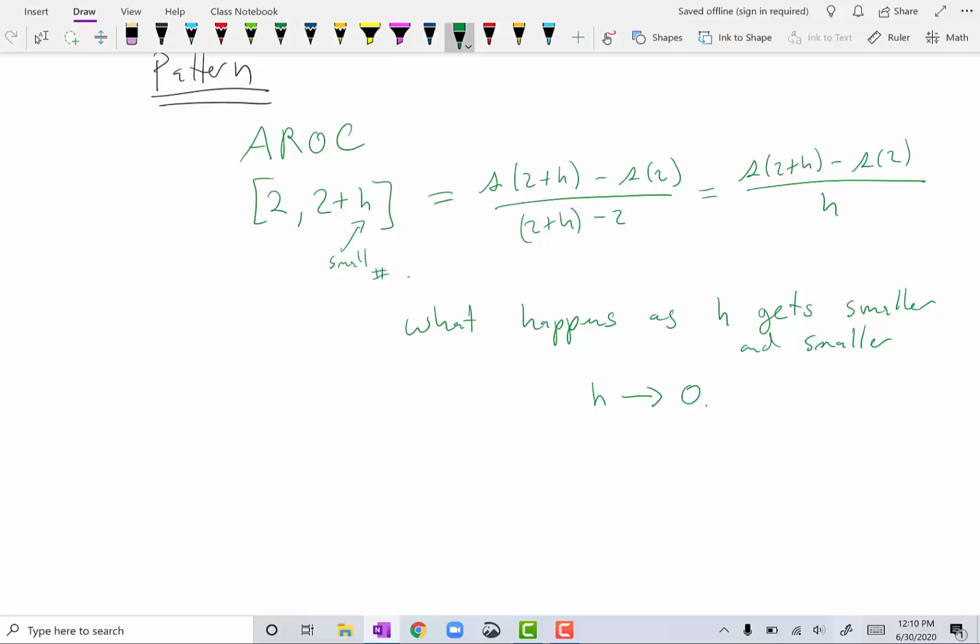And you might be tempted to ask, because we're really interested in what happens when h actually gets to 0? But if you think about this, this is not defined when h equals 0, which is what we are interested in.